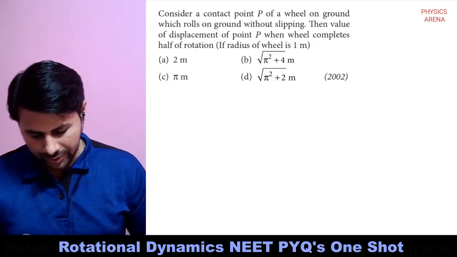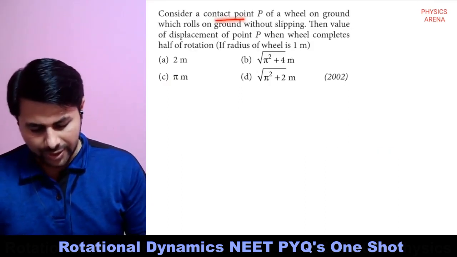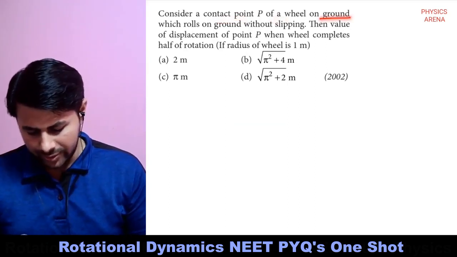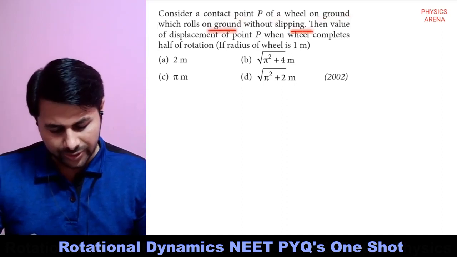Alright, next question. Consider a contact point P of a wheel on the ground which rolls on the ground without slipping.